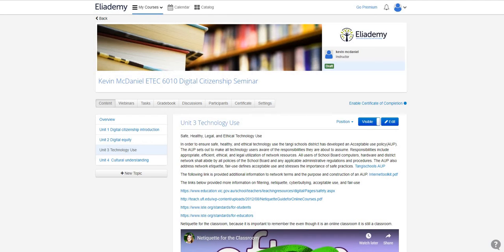All users of school board computers, hardware, and district network shall abide by all policies of the school board and any acceptable administrative regulations and procedures. The AUP also addresses netiquette, fair use, defines acceptable use, and stresses the importance of safe practices.